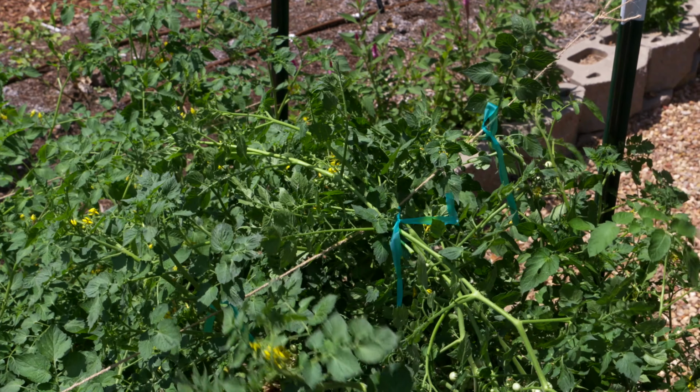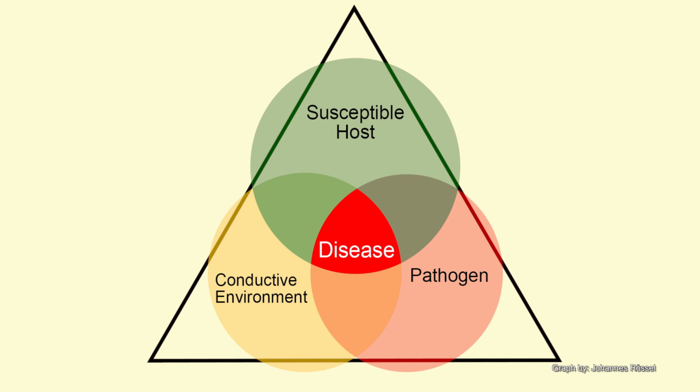All right, so we've got three factors: the environment, the host, and the actual pathogen. And one important component of that, when it comes to the pathogen, is sanitation. We don't want to bring things into gardens that are diseased, because that's how we end up with problems.